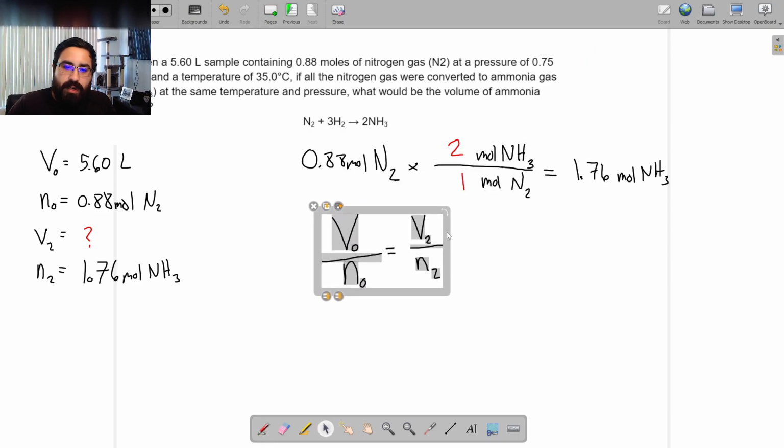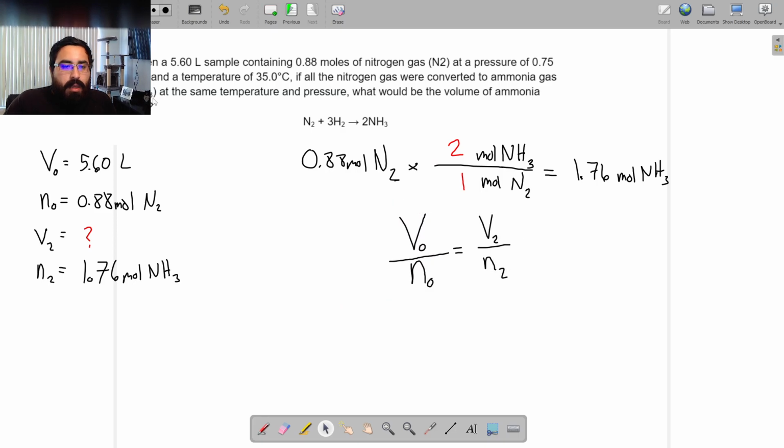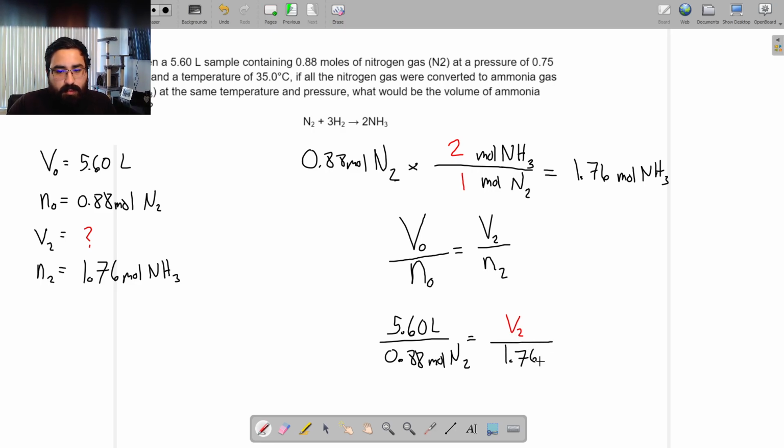Now, let's use Avogadro's law. Let's bring this down over here. And let's plug things in, and that's basically it. Plugging things in, that's all you're doing here. 5.60 liters over 0.88 moles of N2, and then this is equal to our second volume, and we have our 1.76 moles right here, moles of NH3.